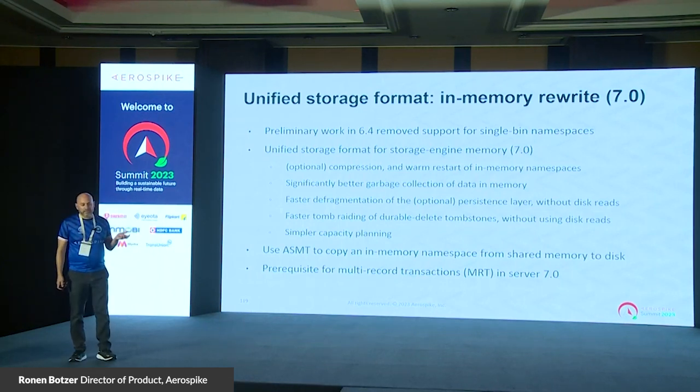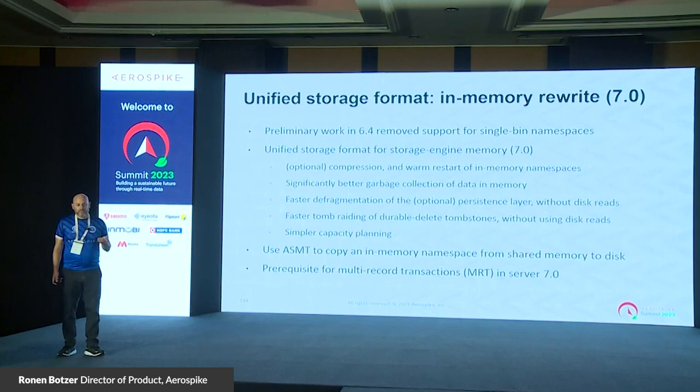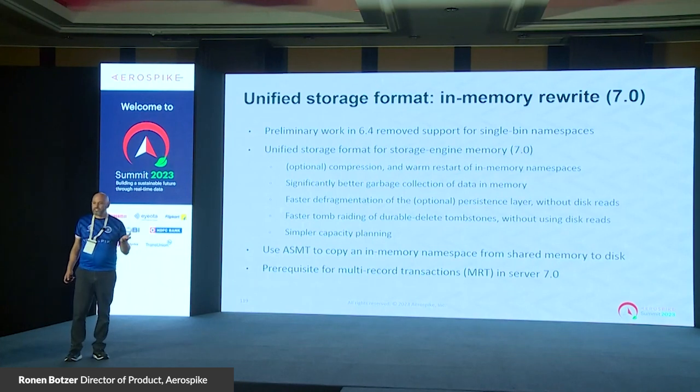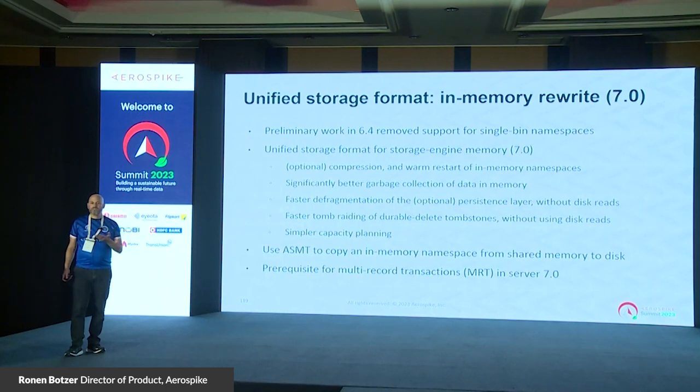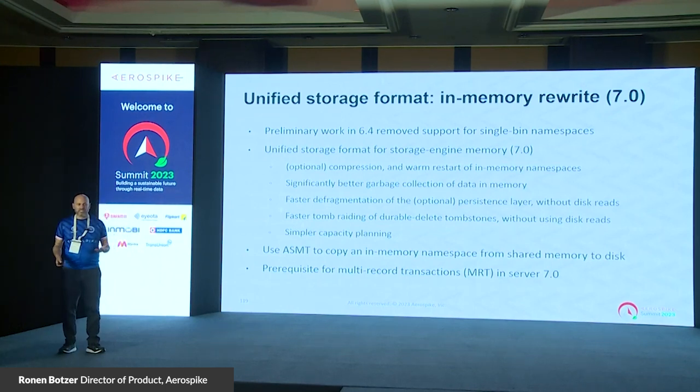The other thing is much better garbage collection for your data in memory. Anybody that has run into heap fragmentation problems based on jemalloc, we're now moving to basically using the exact same write block format as disk. The defragmentation that used to happen on the persistence layer, we had to read from disk and clean the blocks that are on disk.